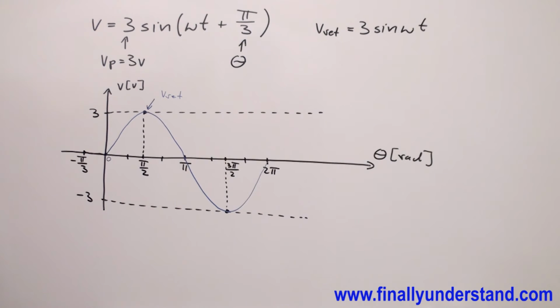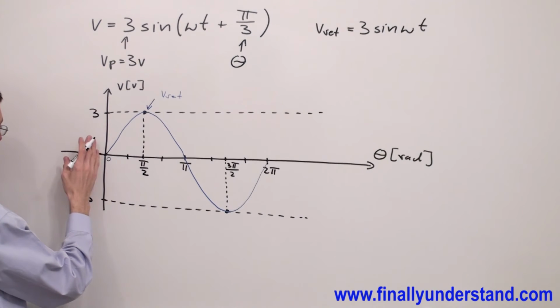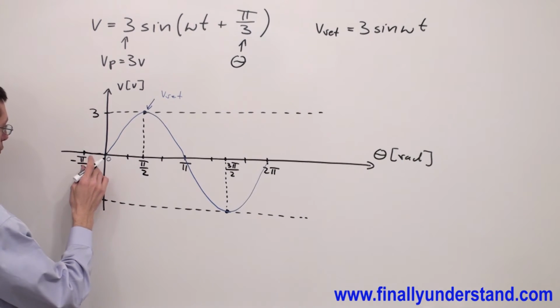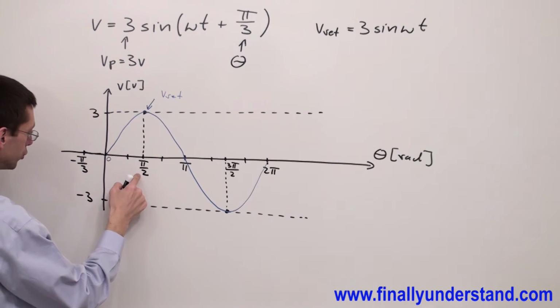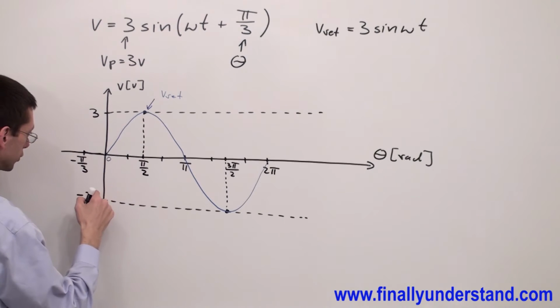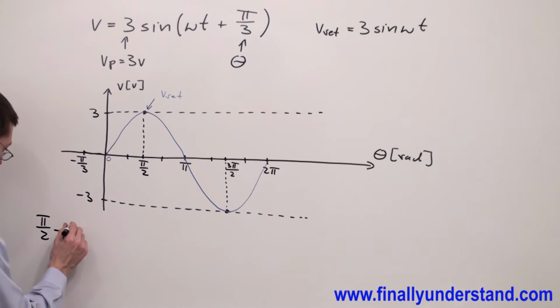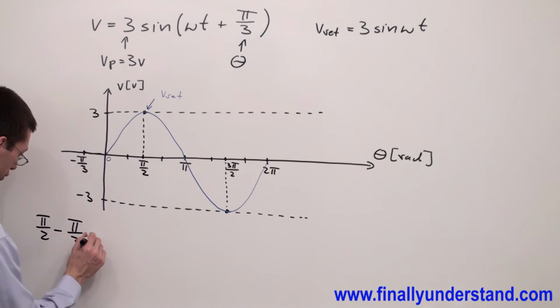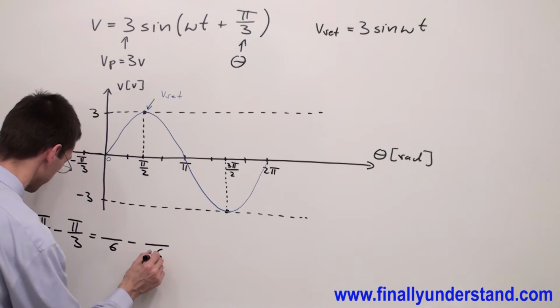Next, I'm going to shift this wave by pi over 3. It means I have to move the origin by pi over 3, so it's going to be negative pi over 3. Pi over 2 has to be moved by pi over 3. How can I find the value of my new angle? I'm going to have pi over 2 minus pi over 3. The common denominator is 6.